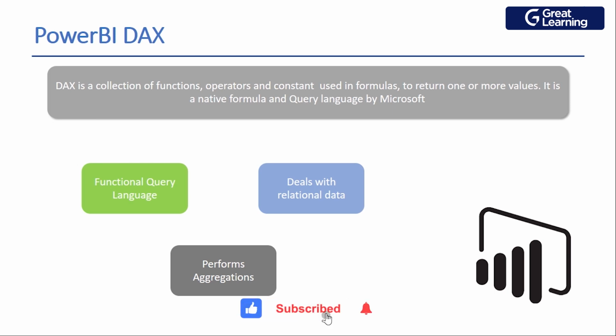Let me, however, simplify the definition for you. In simple words, DAX, or Data Analysis Expressions, is a process where you can create functions, or sub functions, using which you can generate certain values.